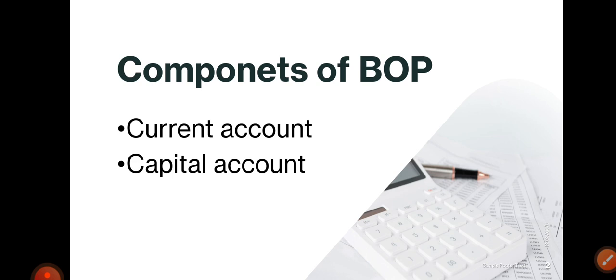While capital account includes the capital transactions related to borrowing and lending of capital, sale and purchase of assets, interest payment, etc. That means the capital account takes into account both borrowing and lending, whereas in current account only the things that are received are taken into account.